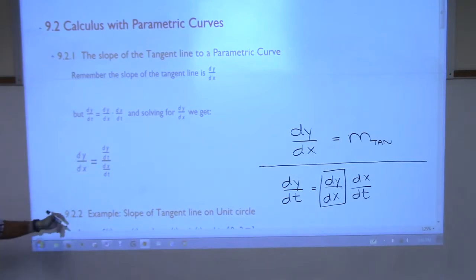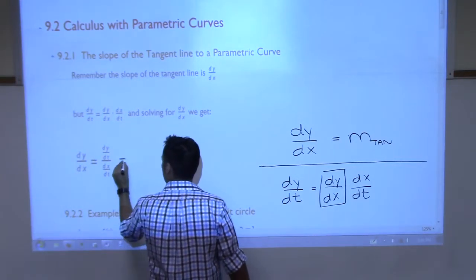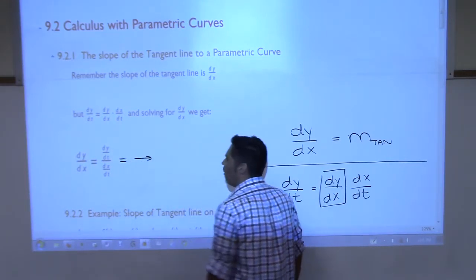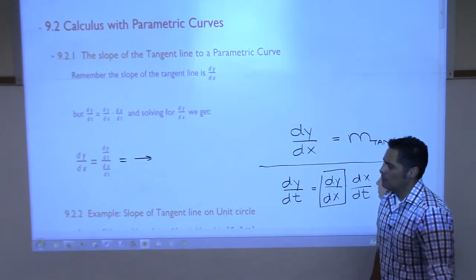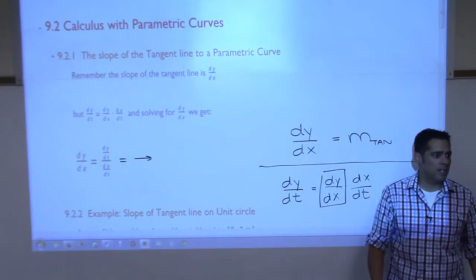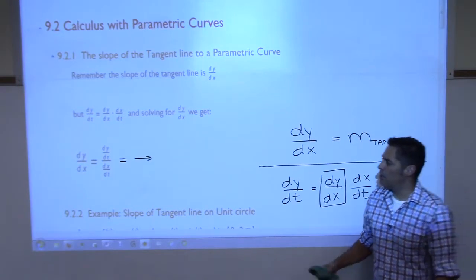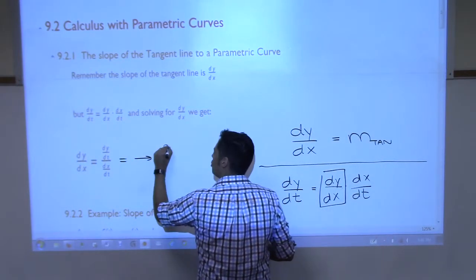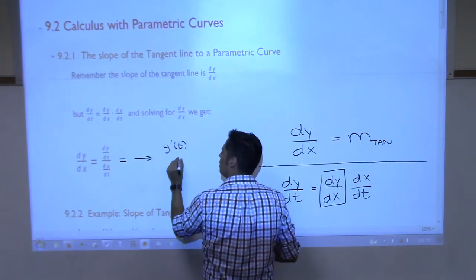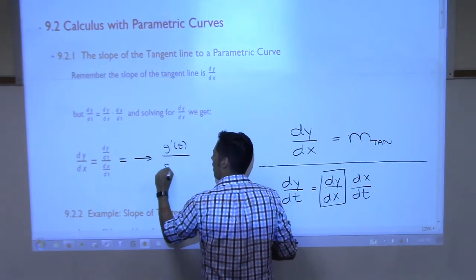Now I didn't put this in the notes, but let's talk a little bit about what that means. What is y? Well, y is some function of t, isn't it? Because it's parametric. So isn't this really just g prime of t over f prime of t?